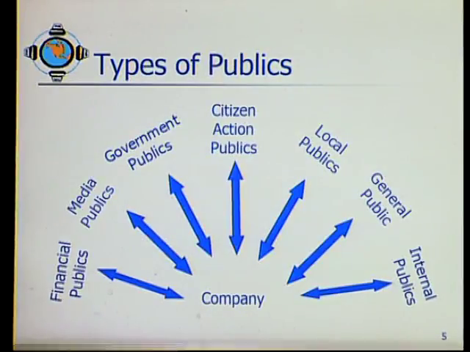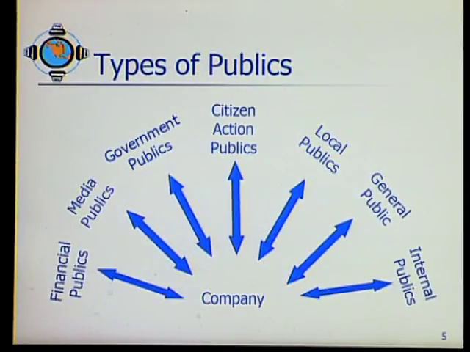You can see on the screen the different types of publics: number 1, financial public; 2, media public; 3, government public; 4, citizen action publics; 5th, local publics; 6th is general public, and the last one is internal public.